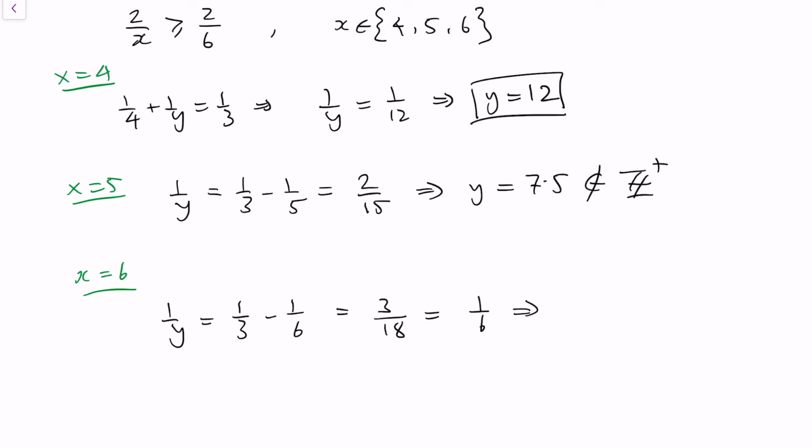So that implies y is equal to 6. So the solutions we found are x is 4, y is 12, and x is 6, y is 6. And of course there is one more solution, exploiting the symmetry of this equation. If 4, 12 is a solution, 12, 4 is also a solution.